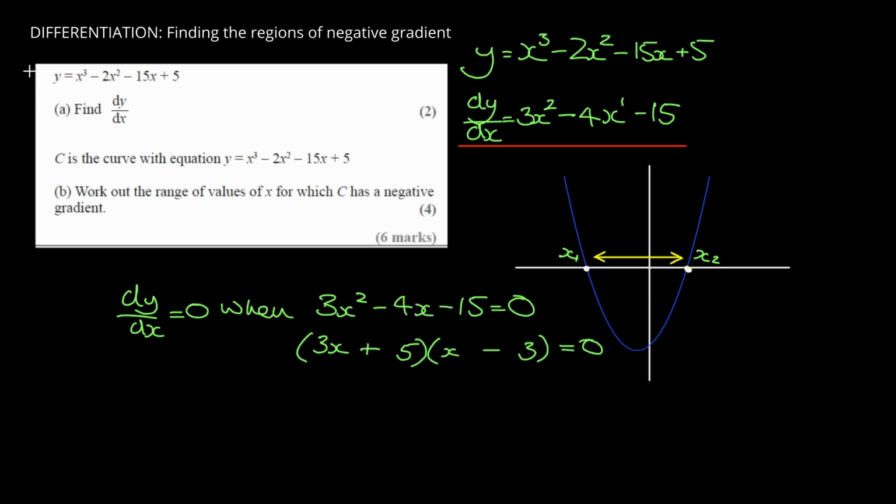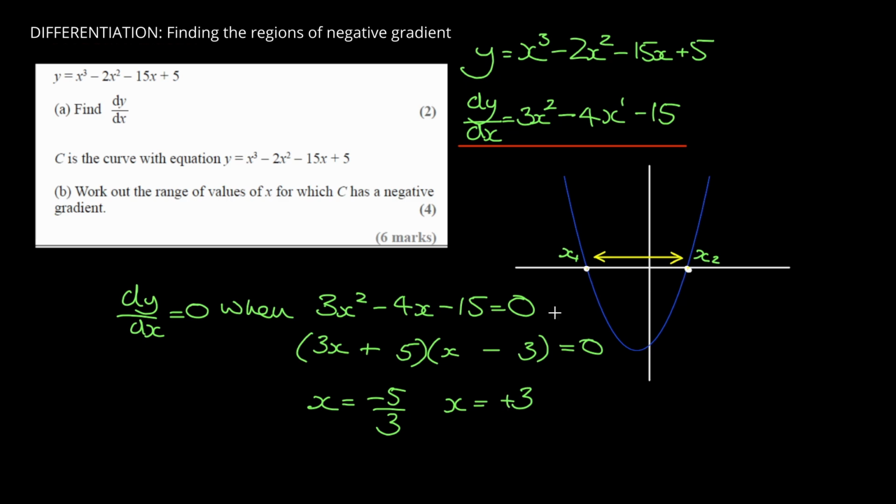Let's just check. There's our 3x squared. There's our negative 15. Here's our positive 5x, and here's our negative 9x. Positive 5x, take away 9x, is negative 4. Now, the logic bit. If this statement is true, either this term is 0 or this term is 0. x will be equal to negative 5 over 3, or x will be equal to positive 3.